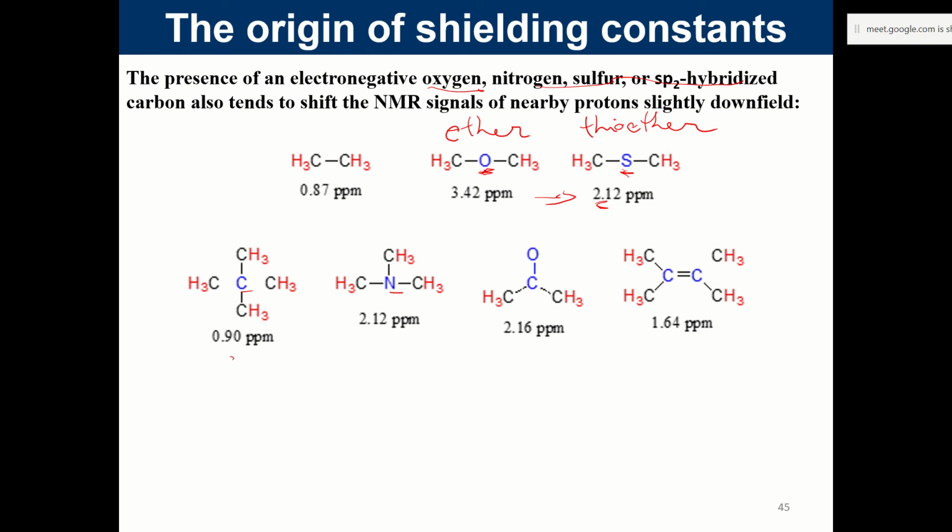Further, some more examples of methyl protons with a CO bond, where oxygen is here, then you have ammonia N with CH3. The electronegativity effect is clearly seen in this case also. When carbon is replaced with nitrogen, it shifts to higher chemical shift values.